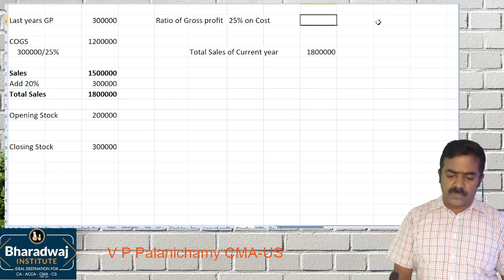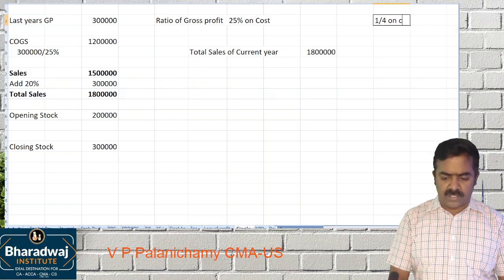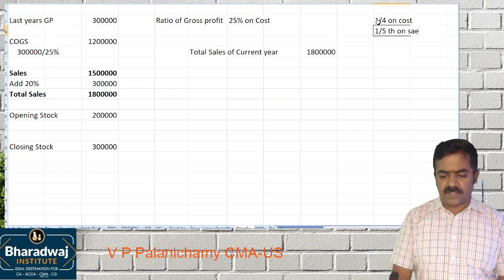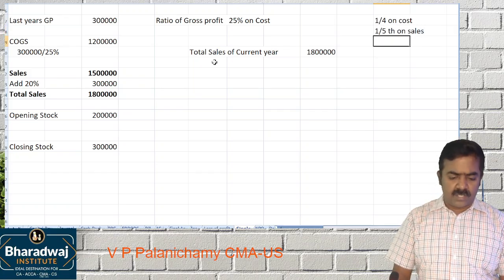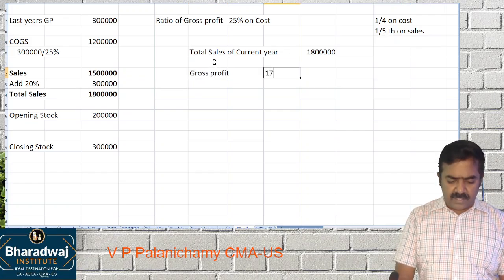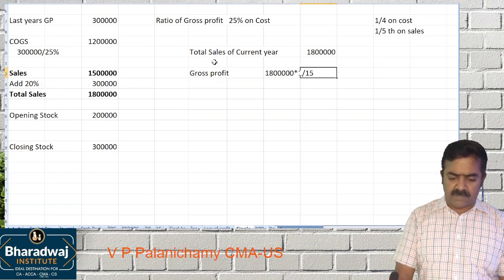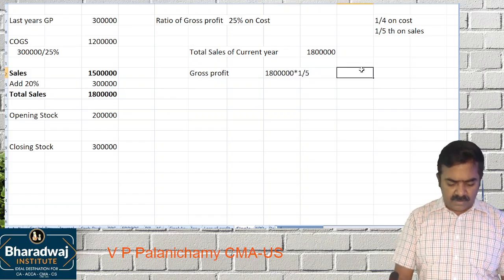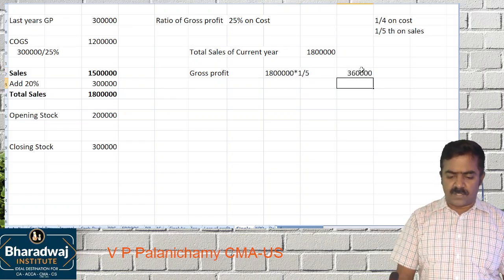If it is 1/4 on cost, it will be 1/5 on sales. So gross profit will be 18 lakhs into 1 by 5. What is the profit? 3 lakh 60,000.